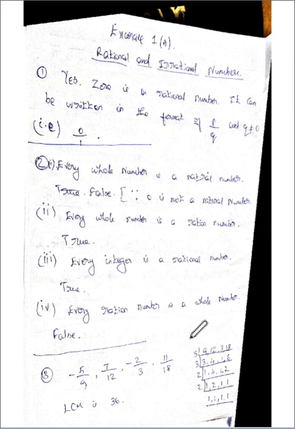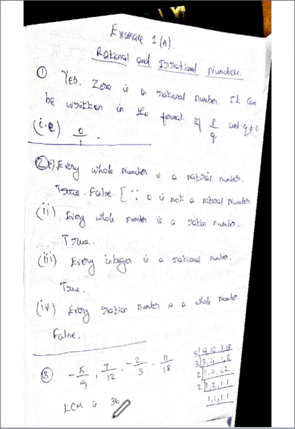So false. Then the third sum: they have given minus 5 by 9, 7 by 12, minus 2 by 3 and 11 by 18. First, they are asking us to write them in ascending order, and also to find the difference between the smallest and largest.